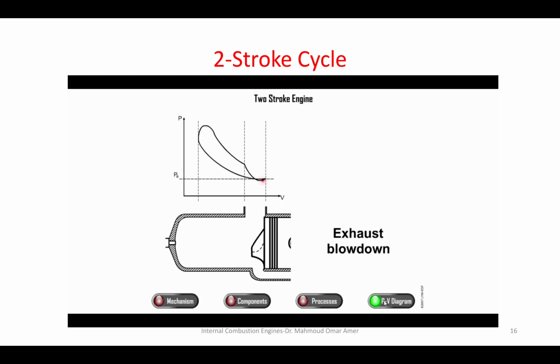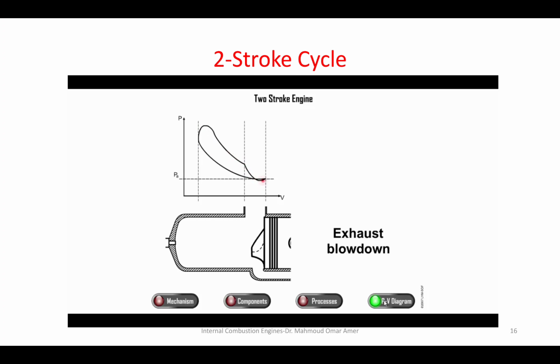So, do you see 2-stroke engines used in cars? No. Why? Because the quality of the combustion is low. Okay? And also, the fuel and air enter through the crankcase, and from the crankcase they enter the cylinder through the intake port. So what is there inside the crankcase? The oil.